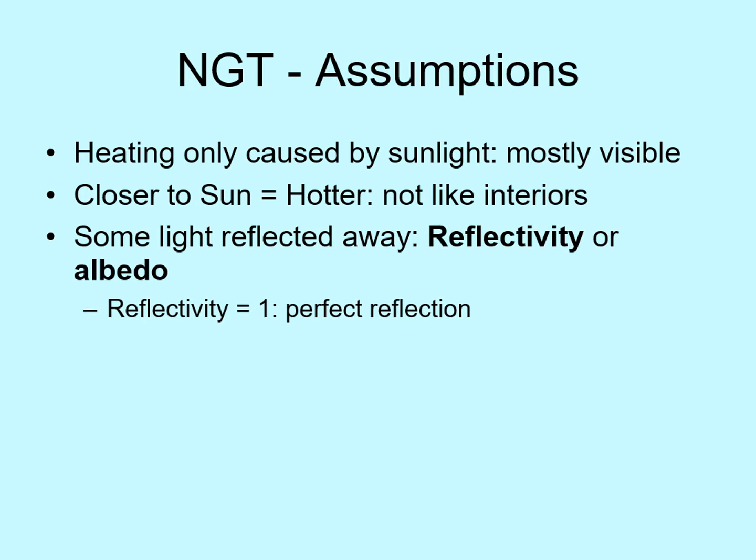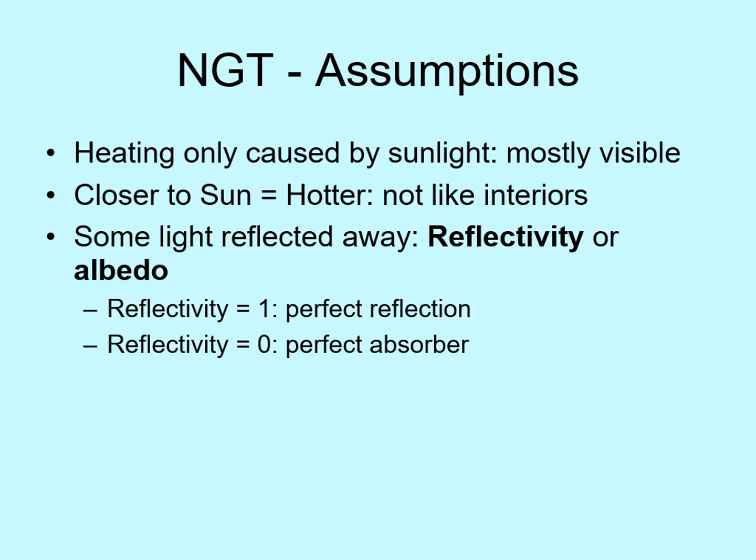A reflectivity of 1 means a perfect reflector, something that reflects all of the light that hits it. While no object is a perfect reflector, some common materials like clean snow or ice can reflect well over 90% of the light hitting them. A reflectivity of 0 means a perfect absorber, something that absorbs all of the light that hits it and reflects none.